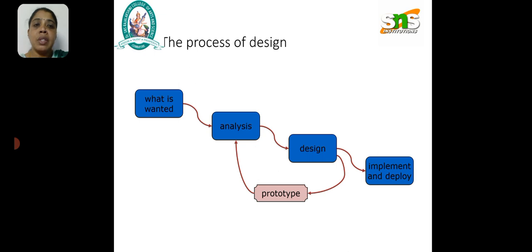Next, these are the steps involved in the designing process: what is wanted, what are the analyzing steps, how we have to make a design, what are the implementation and deployment, and what prototypes we have to face. Just a simple example: if we have to do a project, we have to follow certain steps.